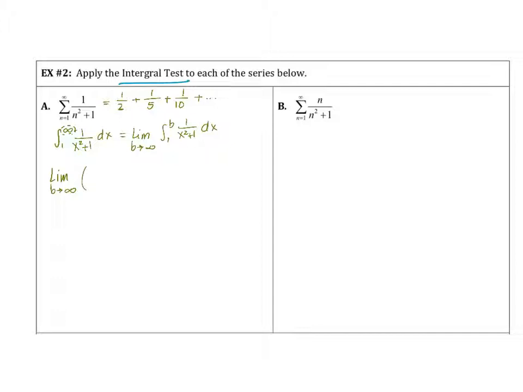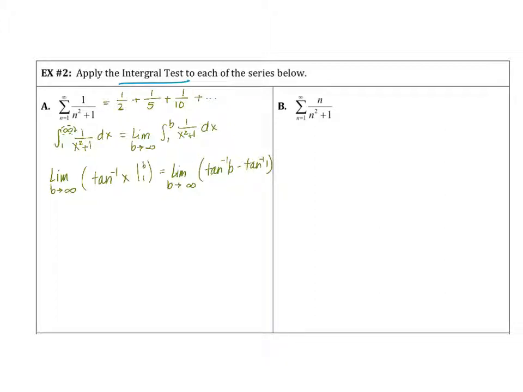That's going to be inverse tangent of x, one of our formulas, evaluated from 1 to b. And so that's going to turn into our limit as b approaches infinity of the inverse tangent of b minus inverse tangent of 1.